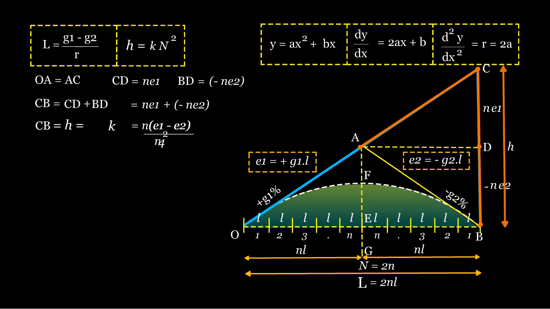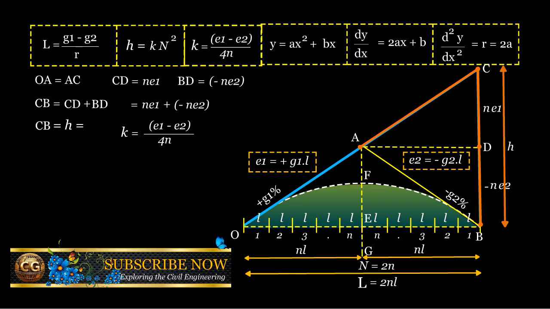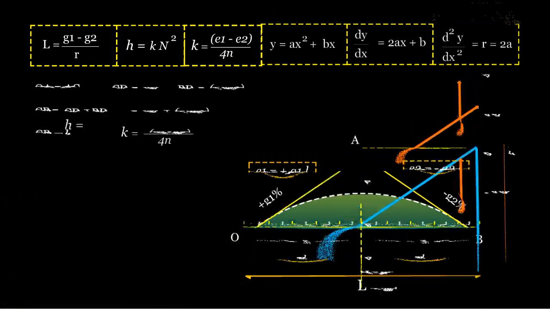Now, k equals n into E1 minus E2, divided by 4n squared. Here, the n and the square of n get cancelled. So, finally, k equals E1 minus E2, divided by 4n. In the above equation, proper care for signs must be taken while substituting the numerical values of E1 and E2.